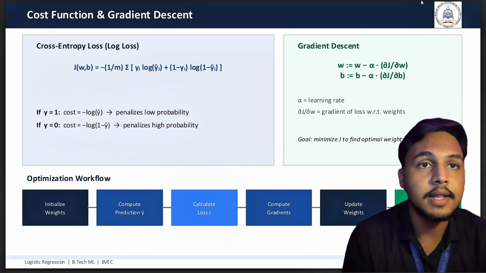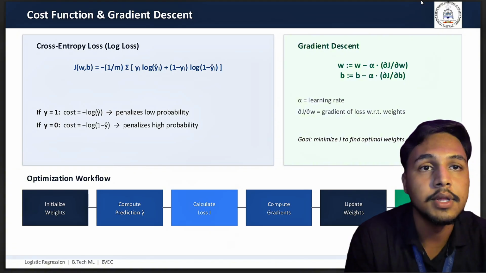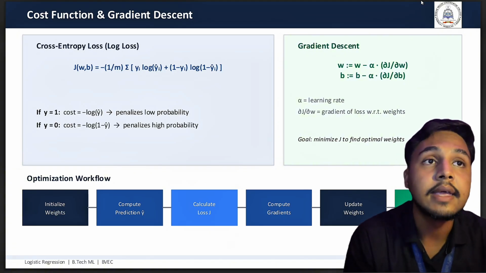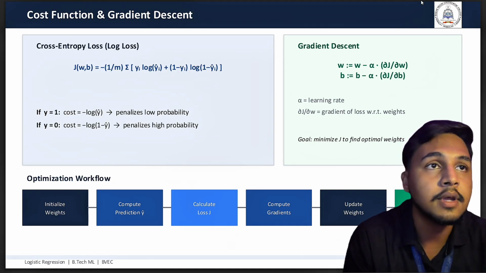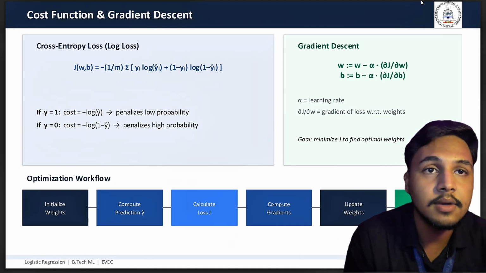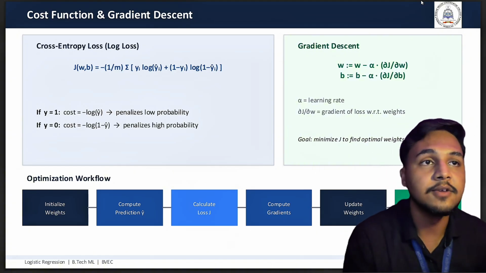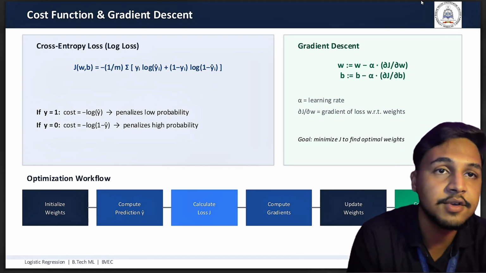The learning rate controls the size of each step taken towards the minimum point. The process of gradient descent is: first initialize the weights, calculate predictions using the sigmoid function, compute the cost using the log loss function, calculate the gradient, update the weights, and repeat the process until convergence. So with every iteration, the algorithm moves closer to the global minimum and improves prediction accuracy.